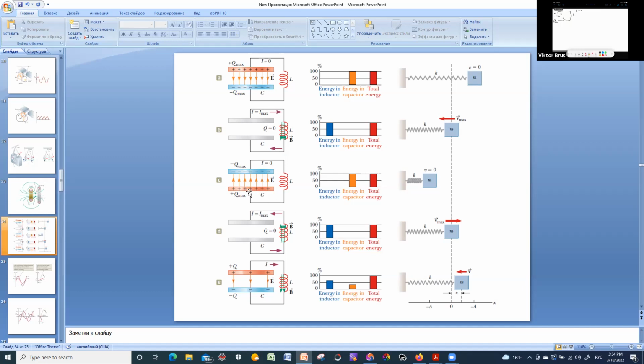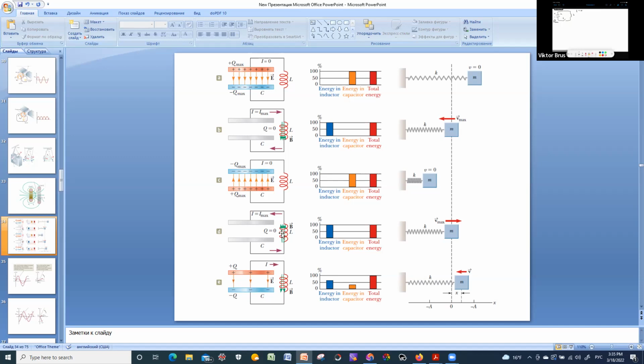Now polarity is minus plus, and discharging current will flow counterclockwise, and this accumulated energy of electric field will be transformed again into energy of magnetic field accumulated in the inductor.